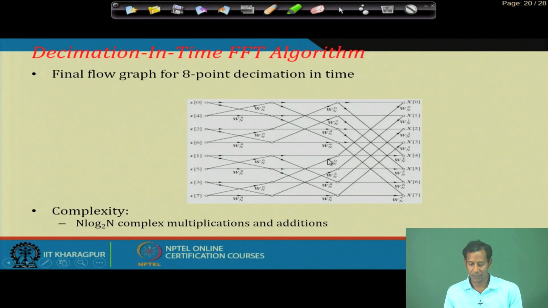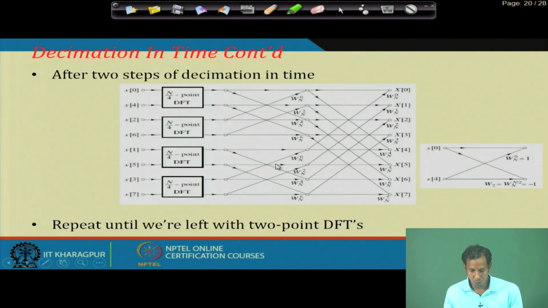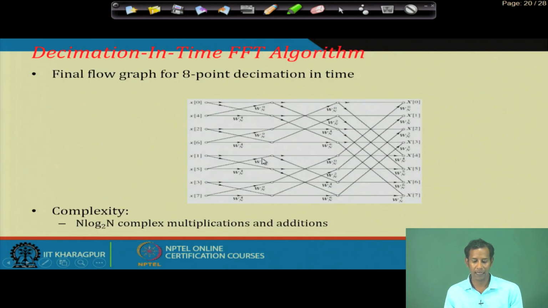So, this is another example of decimation in time fast Fourier transform. Basically, the fast Fourier transform is nothing but the division into n by 2 point DFTs, that means dividing into odd part and even part, and then running them in parallel.